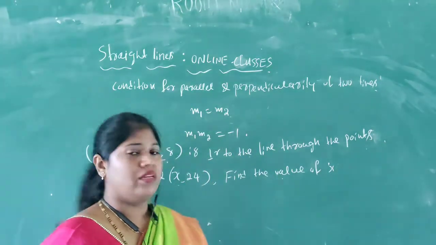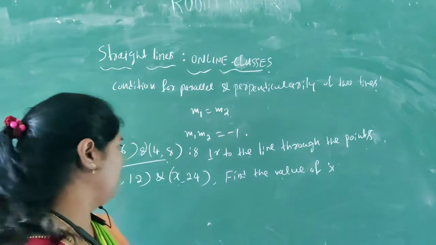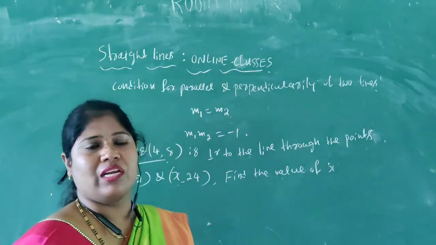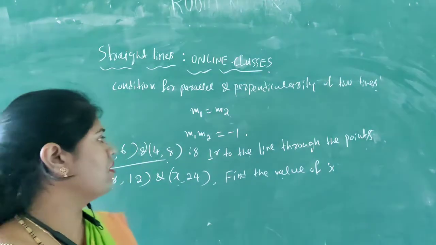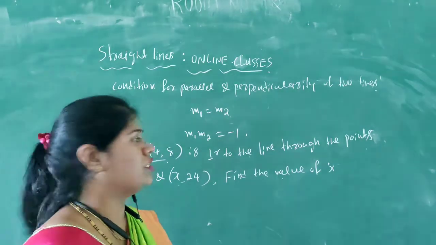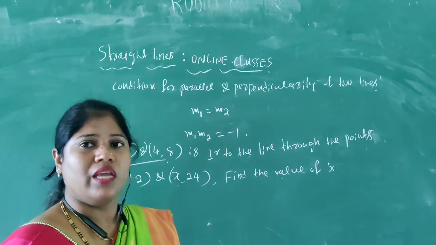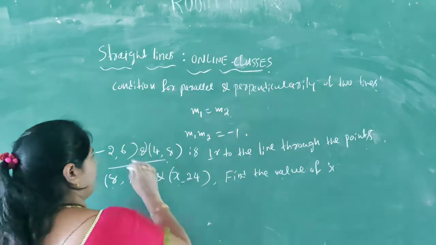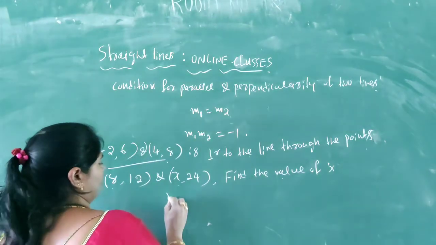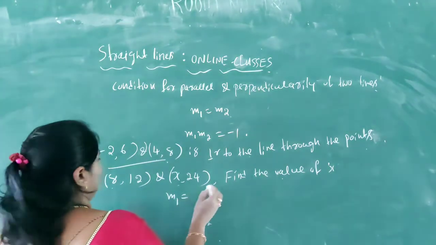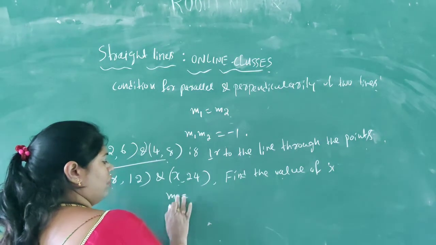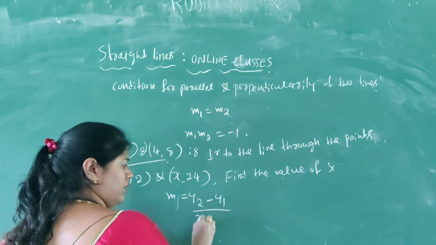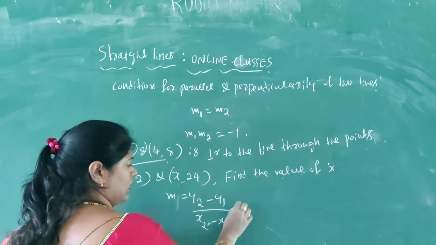See here, two slopes are given, m1 and m2. After that, we have to use the condition for perpendicularity of the two lines, which is m1 m2 is equal to minus 1. Before that, we should find out this m1. We have to use the formula m is equal to y2 minus y1 divided by x2 minus x1.